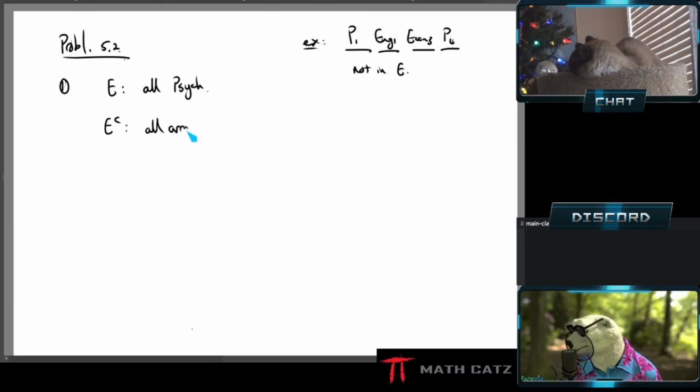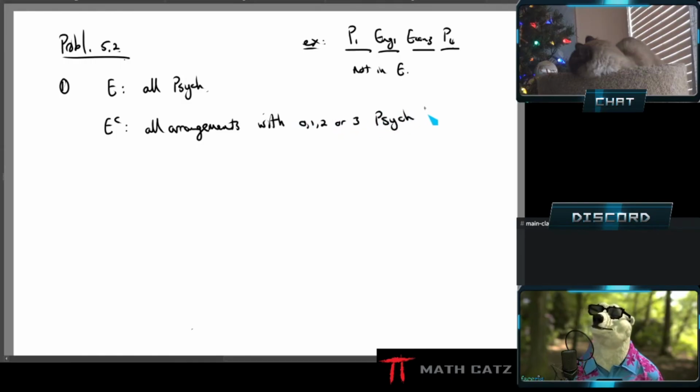All arrangements of 4 books, of course, with 0, 1, 2, or 3 psychology books. Or you could say not all psychology books, but I don't like that because it's a little bit of a cheat. That's not always going to work. Okay. And if you recall, this is the negation.